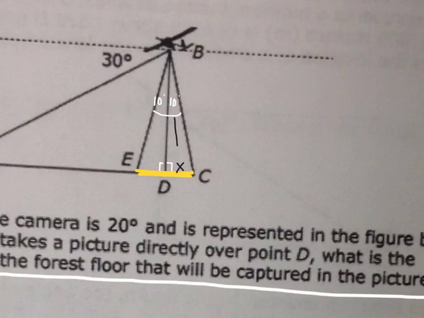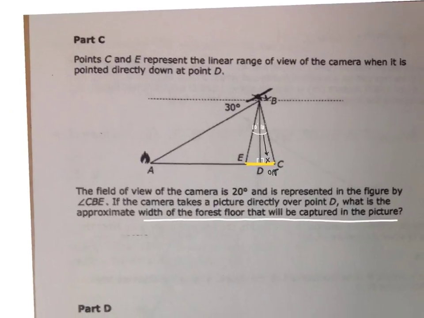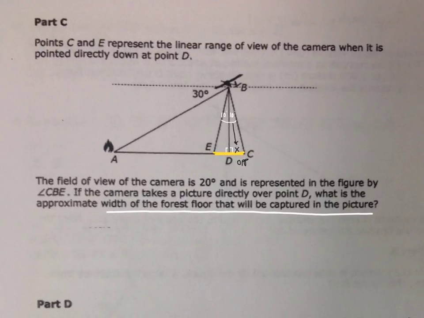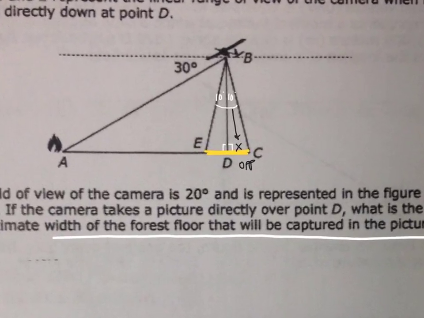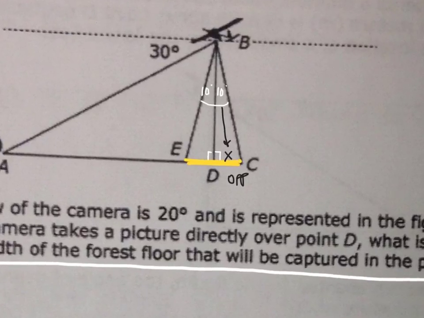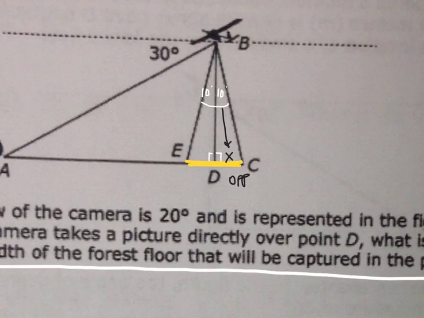So in my picture I'm looking for the opposite side, and there must be some other number in the question that I can use. Well, apparently the plane hasn't moved. This is the exact same instant as before. So I know that it's 1,000 feet from B to D, and that would be the adjacent side.